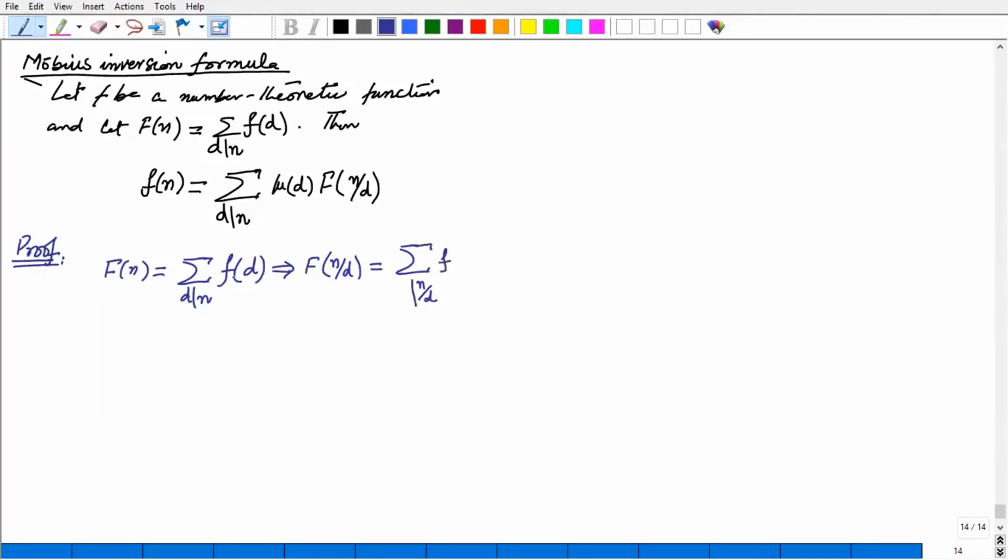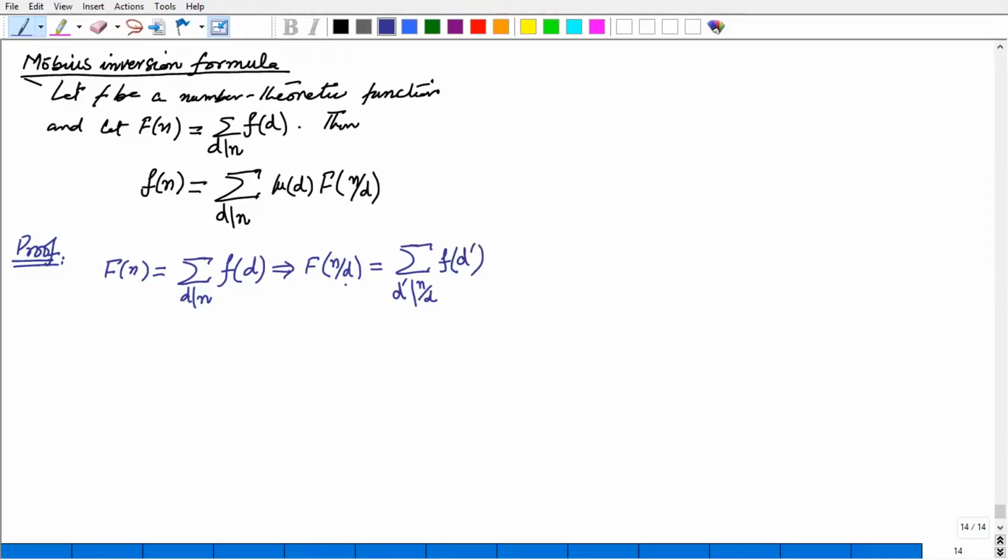Because d is a dummy variable for the divisors, and here we are also using n/d, we should use a different notation for the divisor. So we use d prime: the sum over the divisors d prime of n/d of f(d prime). We just substituted n/d instead of n.